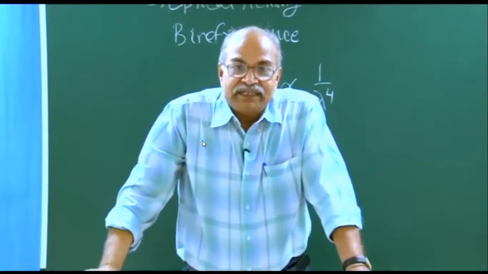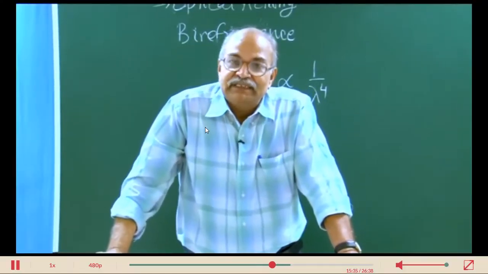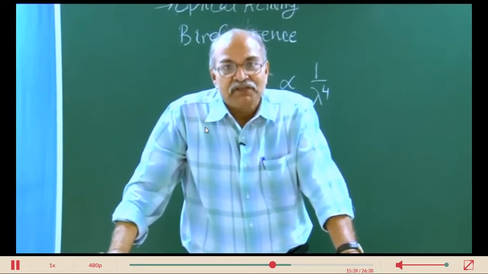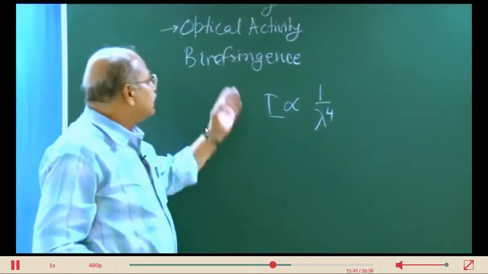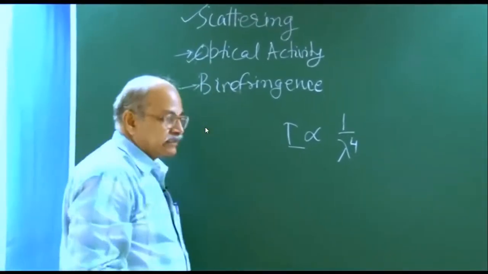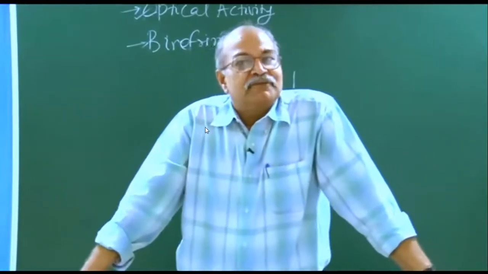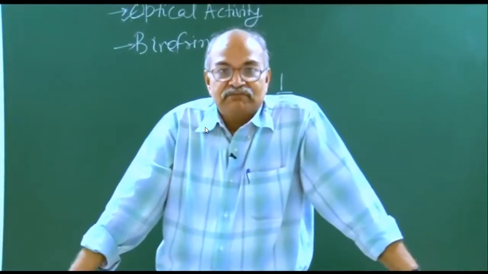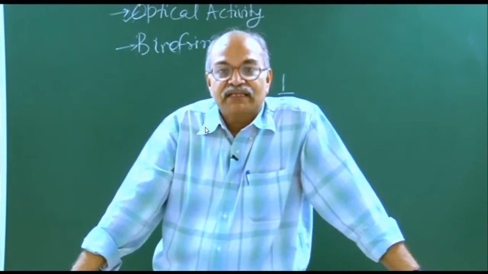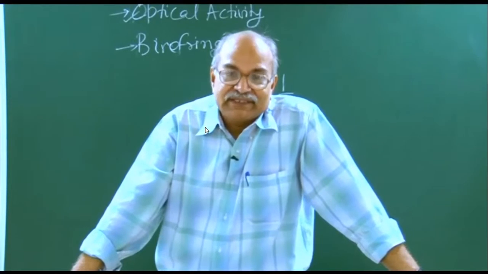So we had done scattering, we had done optical activity, and now we will be doing an experiment based on what we call birefringence. So we have done this and now it is this. You all know when light goes from one transparent medium to another transparent medium, refraction takes place, the speed of light changes.